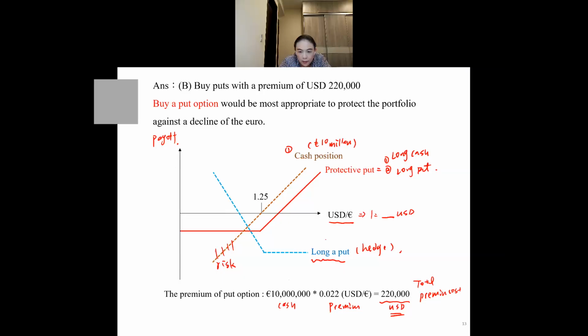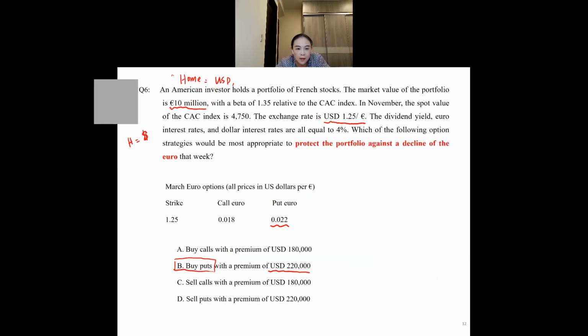This put option would be a currency option quoted in dollars per euro. So we should go long a put, with a strike price K equal to 1.25 dollars per euro. That's our scenario. Let's go back to the information you have.